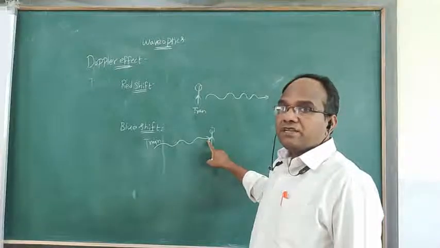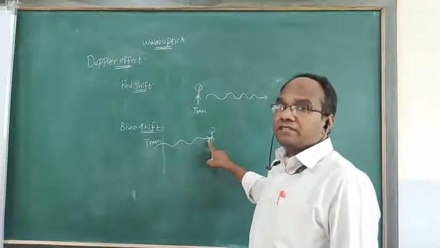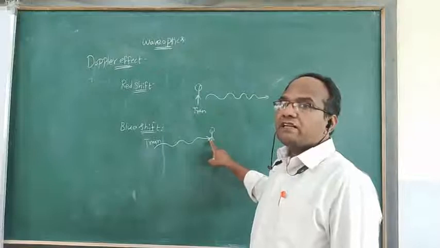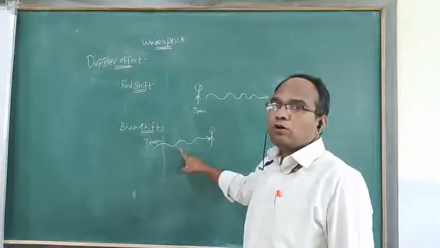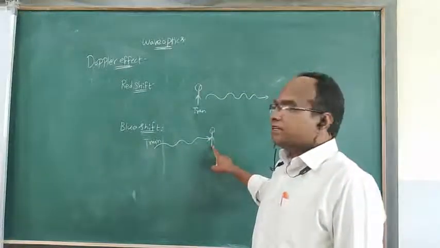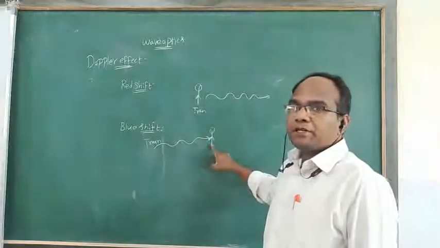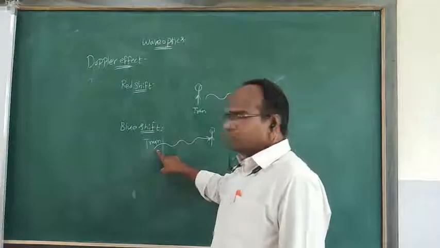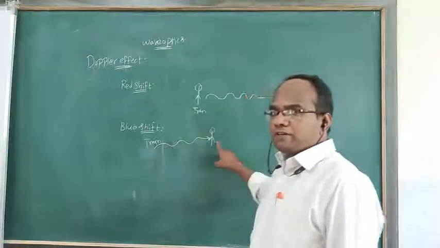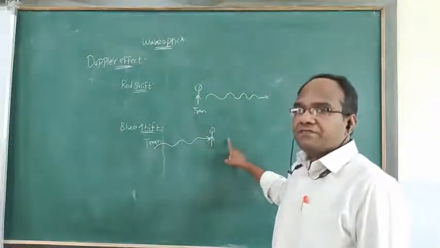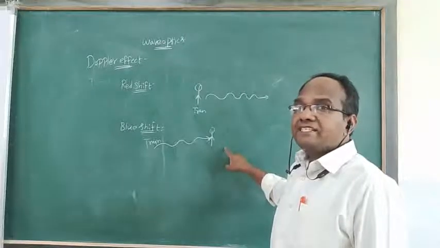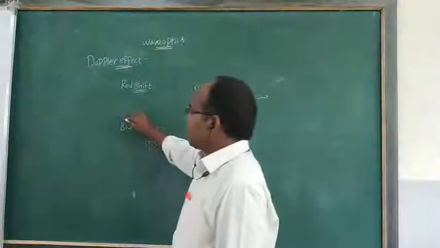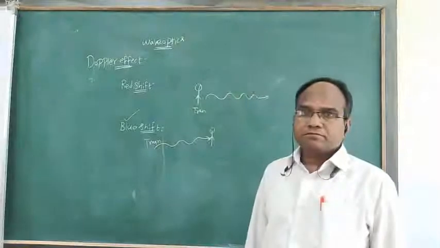Then what happens? There is an increase in frequency. The sound will be more and more when the train is coming near to the platform. So the source is moving towards the observer, there is an increase in frequency or decrease in wavelength. Then that is called blue shift. Okay.